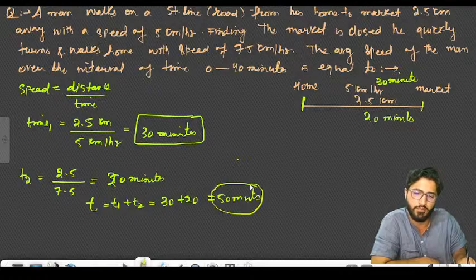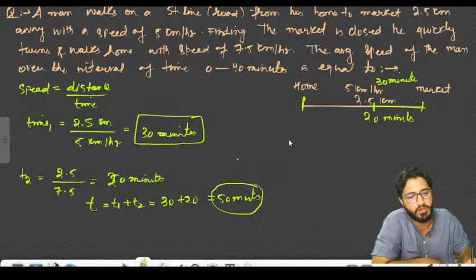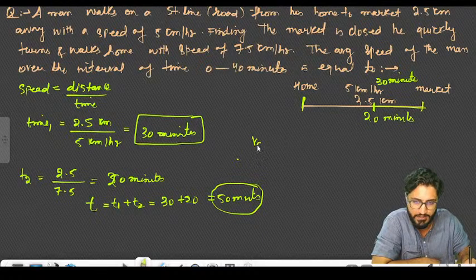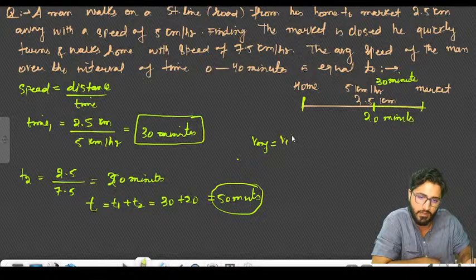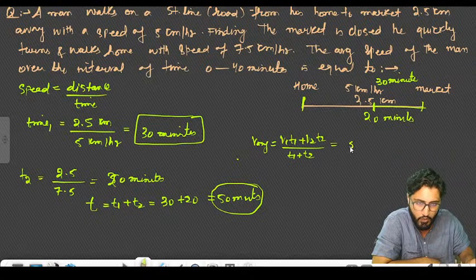But we don't need 50. We need only 40. That means 30 minutes and 10 minutes. So we need to write V average as V1 T1 plus V2 T2 whole divided by T1 plus T2. What is V1? First speed is 5 kilometer per hour, times 30 by 60, that is 30 minutes over 60 minutes.